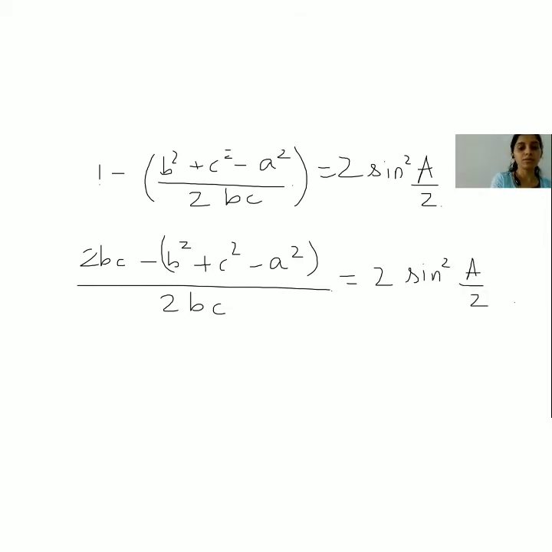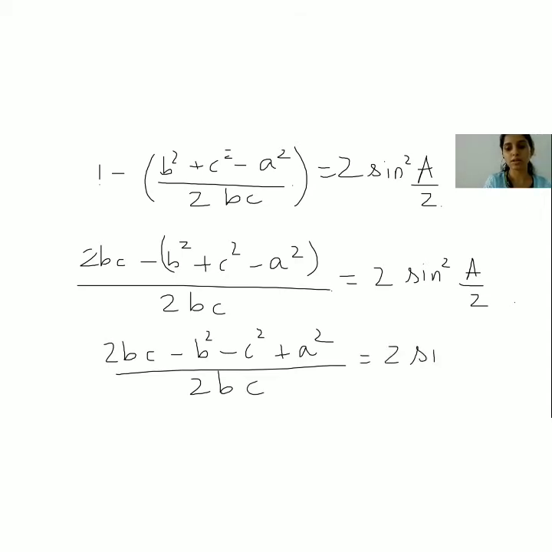Okay, now we'll put this 2. So we'll have 2bc minus b square minus c square plus a square, right, upon 2bc is equal to 2 sine square A by 2. Okay, right? Now what we'll do is, we'll combine these three terms together. So how do we do that?